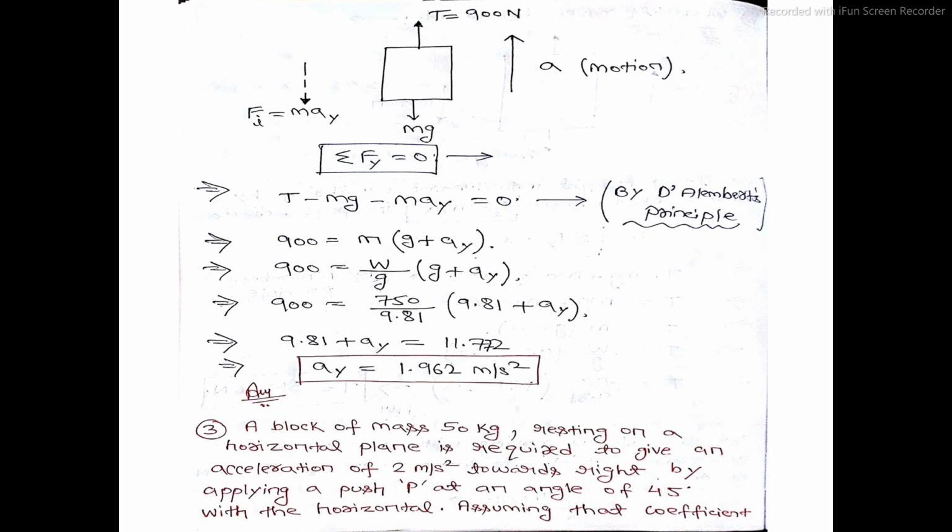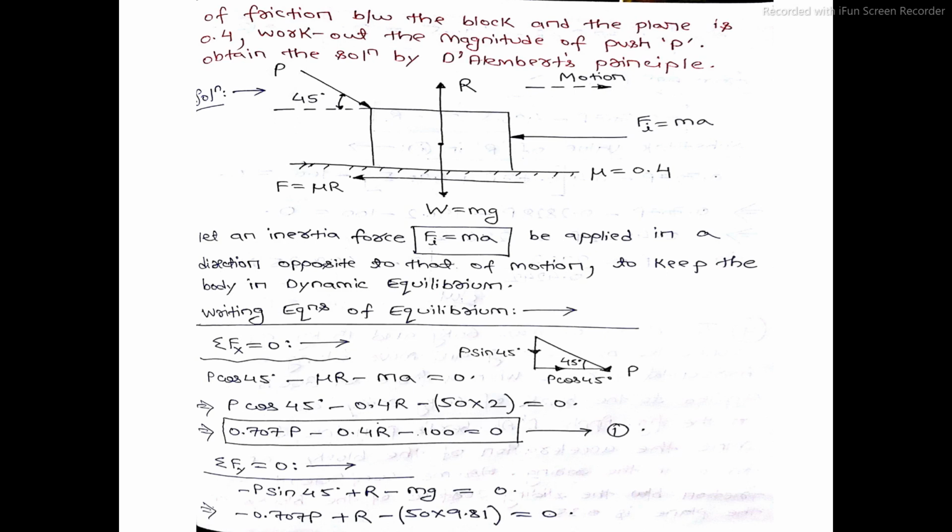Assuming that the coefficient of friction between the block and the plane is 0.4, work out the magnitude of push P. Obtain the solution by Dalembert's principle.